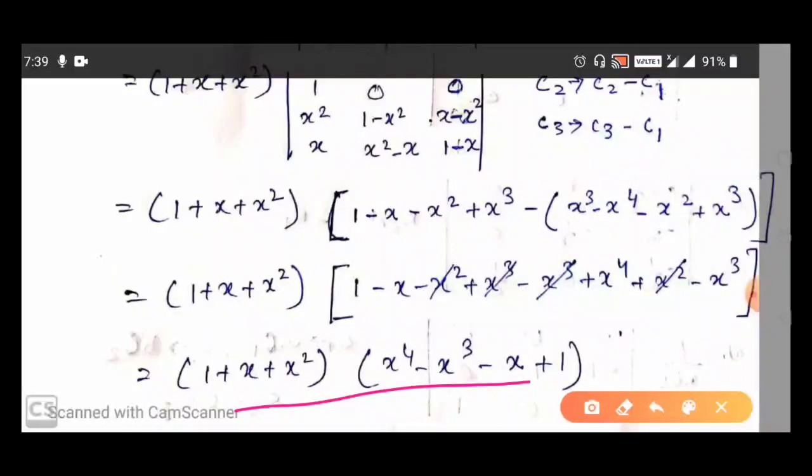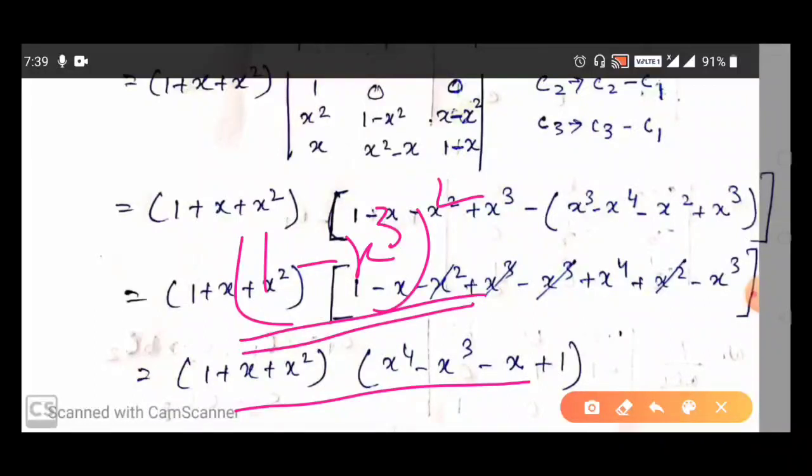But we have to show it is equal to 1 minus x cube whole square. Now we will do the calculation from right hand side and we will show that 1 minus x cube whole square is equal to this one. Then we can equate these two.